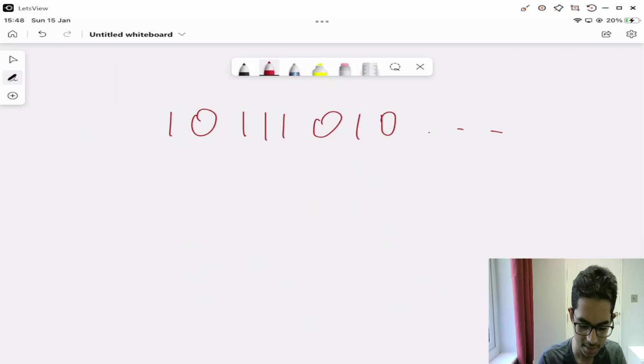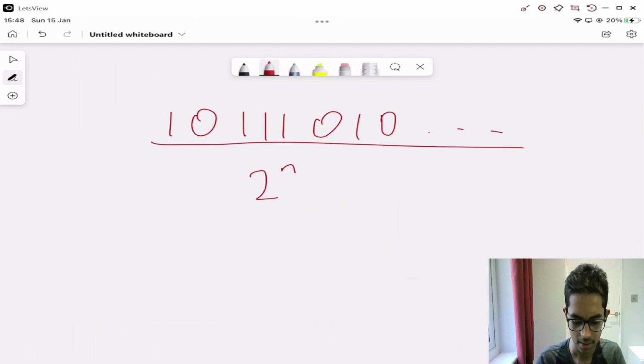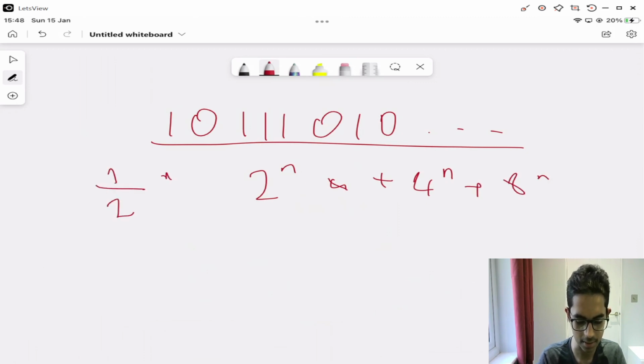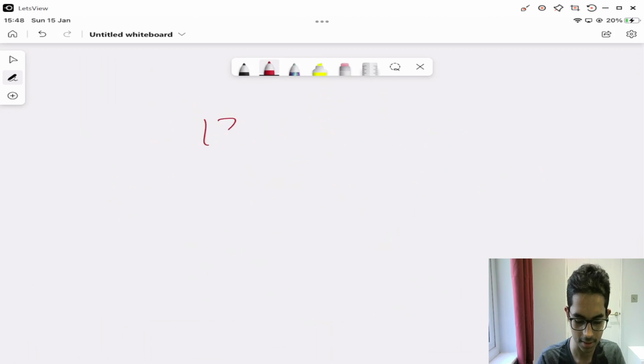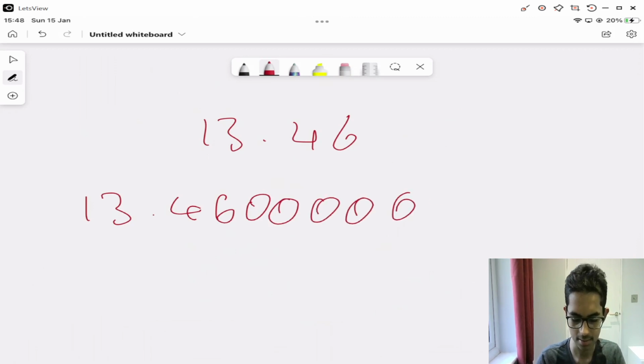Now, since this number in binary is made up of 2 to the base n, and then maybe like 4 to the base n, 8 to the base n, maybe like half to the base n as well, and so on and so forth. But the point is, this is only made up of base 2 numbers, which means if we want to store something like 13.46, we can't actually store that in base 2 perfectly. Now, the way which computers mitigate this is they store a number like 13.46 as this, basically.